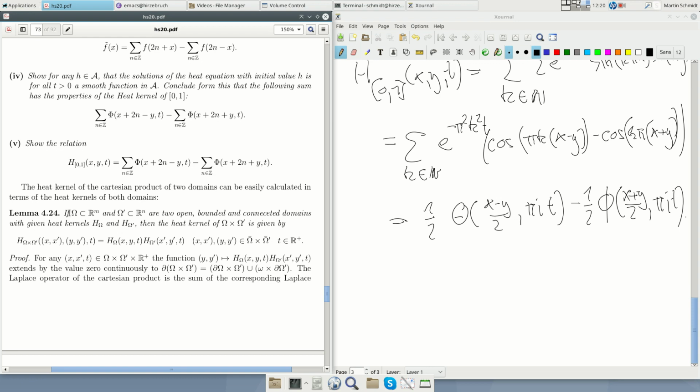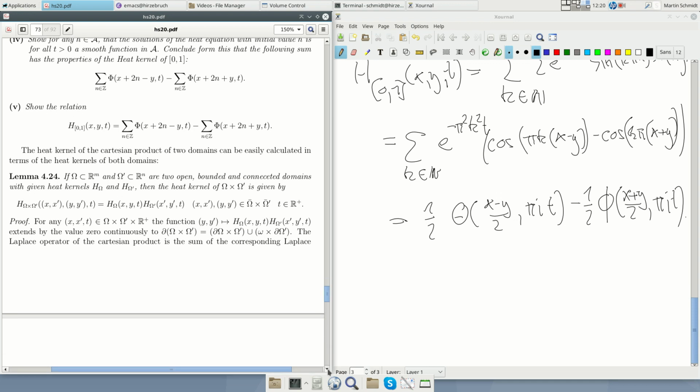So if we have two domains, omega and omega prime, of Rm and Rn, then we have the following formula for the heat kernel of the Cartesian product here. And why does this follow? This is a combination of the following results.